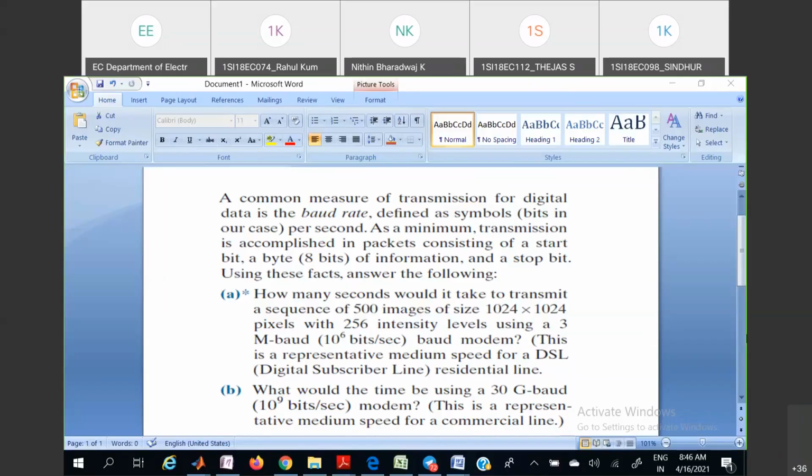Okay, but we have to find the total number of bits of data first. What is the number of bits? 10 into 500. 500 is the number of images. How many images are there? 500 images. And what is the size of each image?